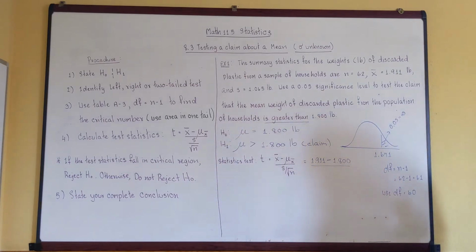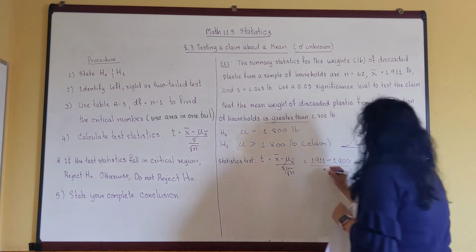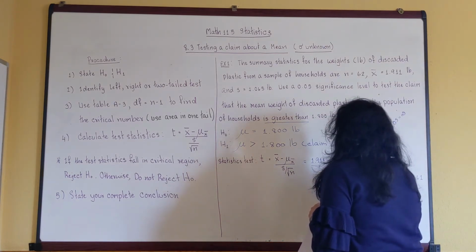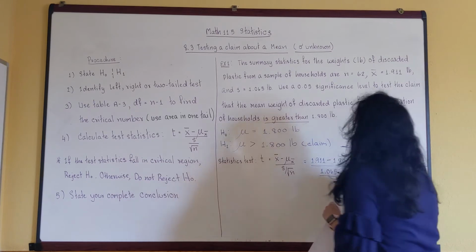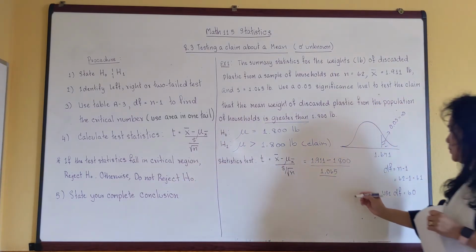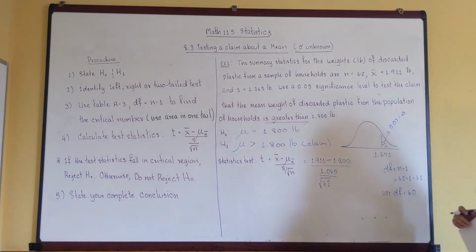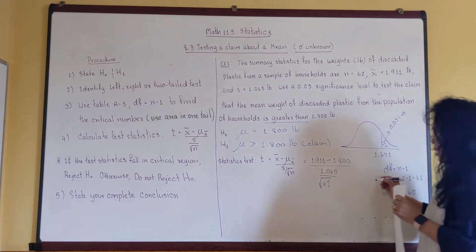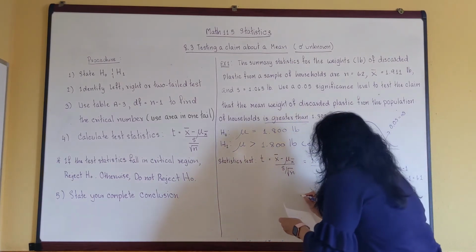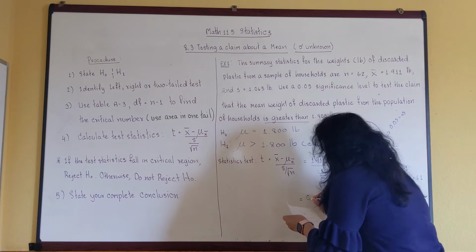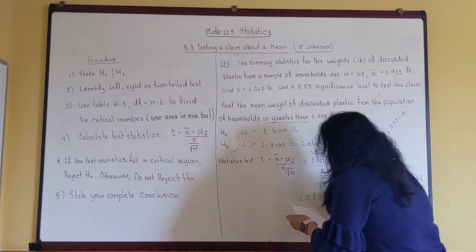Sample standard deviation is 1.065, and sample size is 62, so square root of 62. You can use a calculator to calculate this, and I have 0.821.